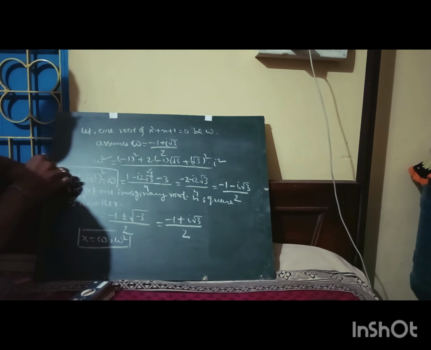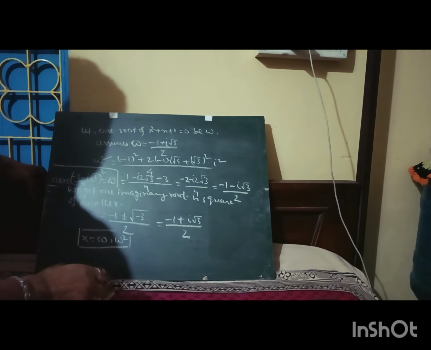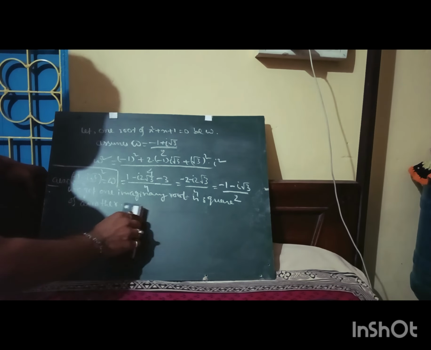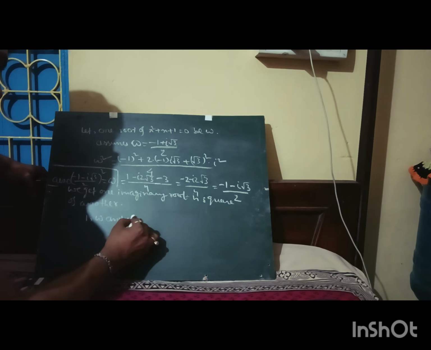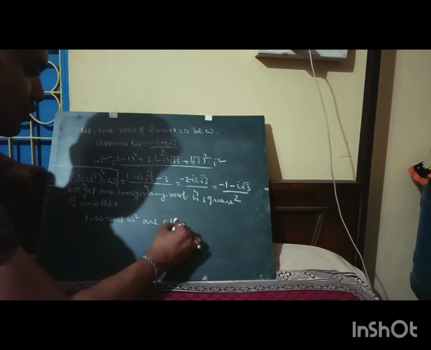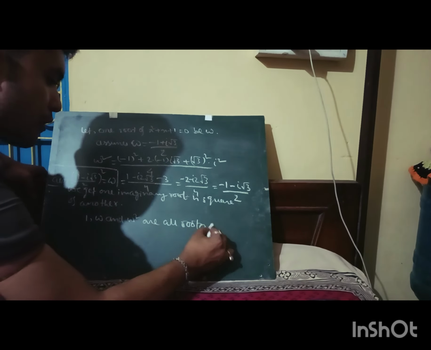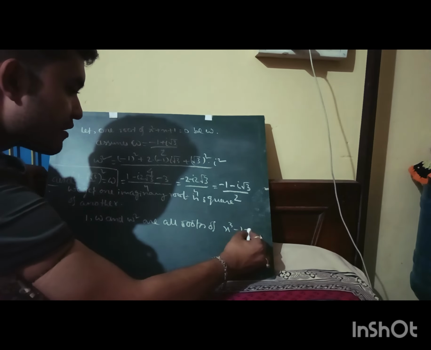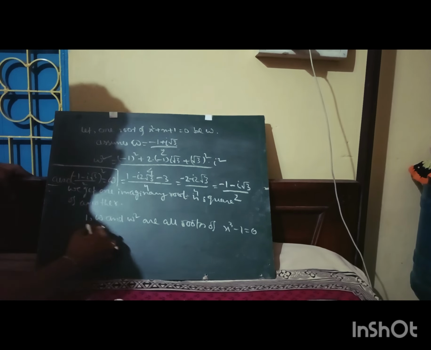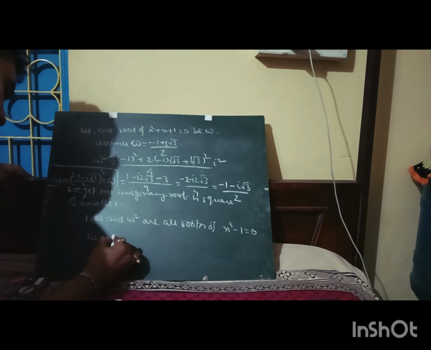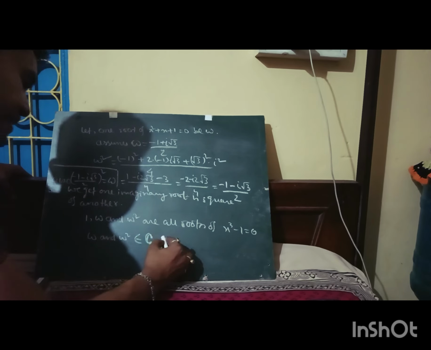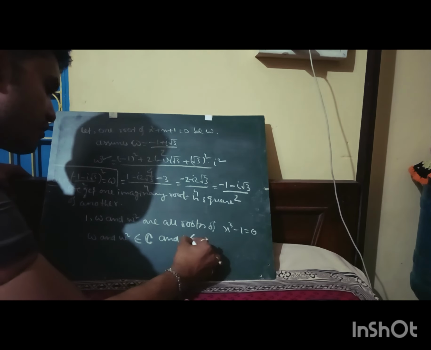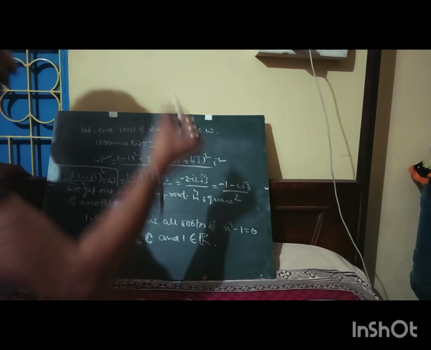It can be proved in a similar manner. So we get that 1, omega and omega square are all roots of x cube minus 1 equal to 0, where omega and omega square belong to complex numbers and 1 belongs to real numbers.